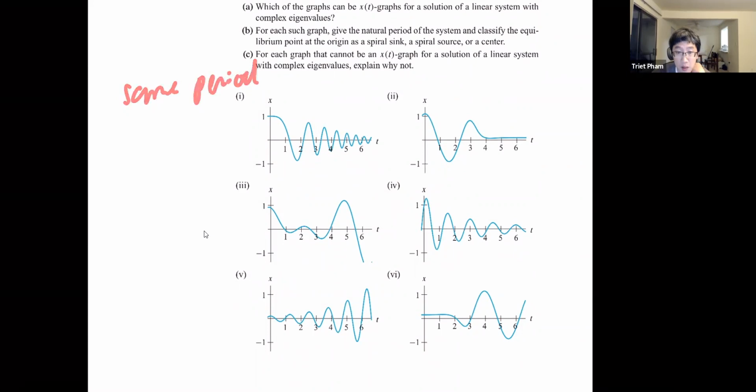So the periodicity never changes as time moves on. Okay. So notice, in one, it gets faster and faster. The frequency gets higher and higher as time moves on. The fact that it starts to get bunched together means that the period starts getting smaller. That doesn't come from this system that we're looking at. The nature of the constant coefficients of A.